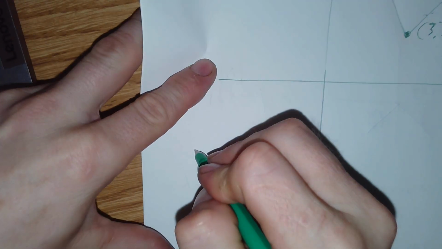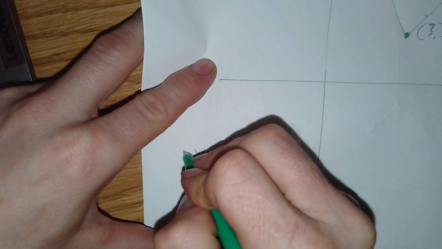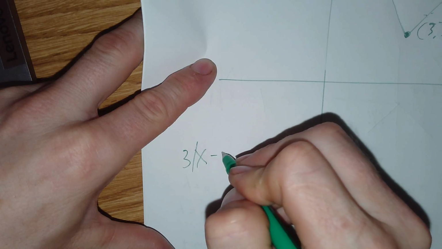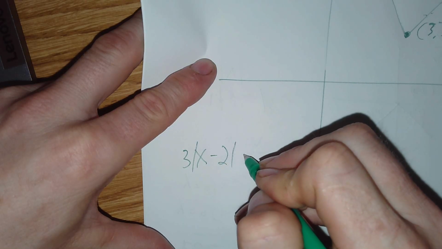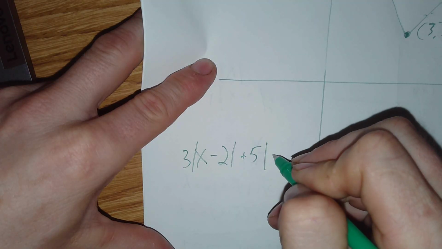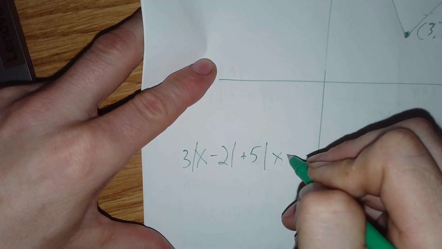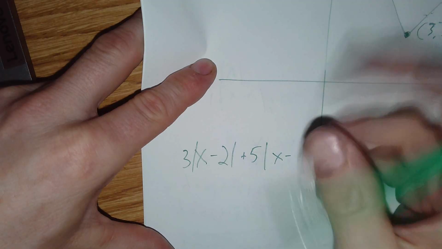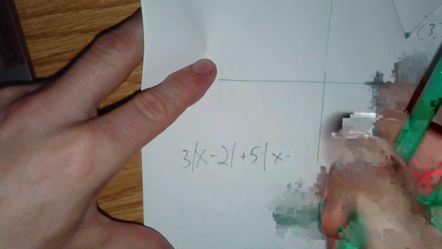One thing to note, if you don't have an equation, just have an expression like 3 times the absolute value of x minus 2 plus 5 times the absolute value of x, right?